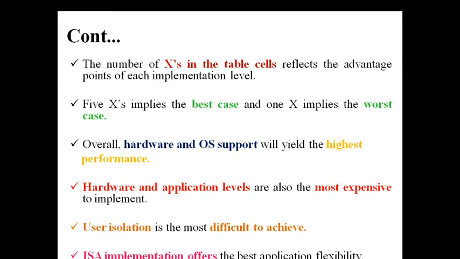That's a good system in terms of performance and flexibility. The author is conveying the same: ISA implementation offers the best application flexibility. What is ISA? Instruction set architecture. Any language's instructions are converted to instructions the system understands. It's the best case, right?